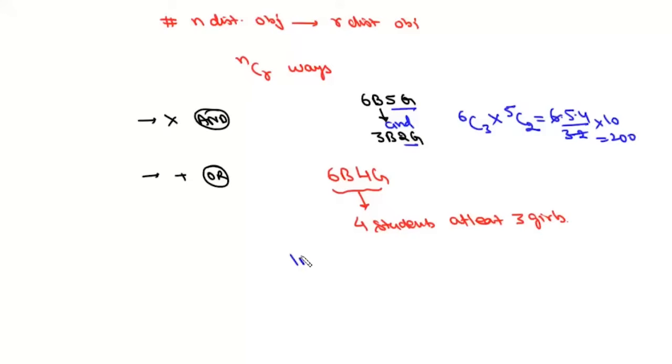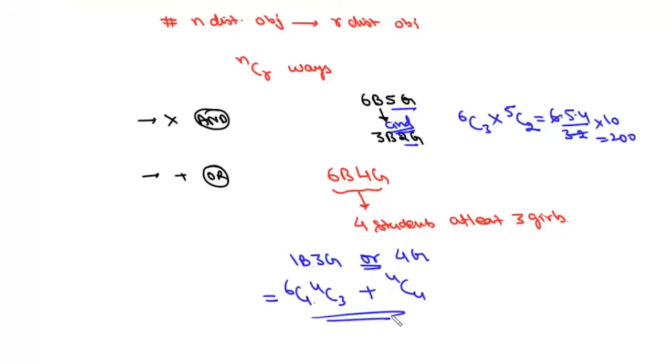Either it will be 1 boy and 3 girls, or all 4 girls. Now 1 boy is 6C1 and 3 girls is 4C3, or 4 girls is 4C4. Now since we have this OR here, we'll add them. So if we have AND case, we'll multiply, and if we have OR case, then we'll add them.